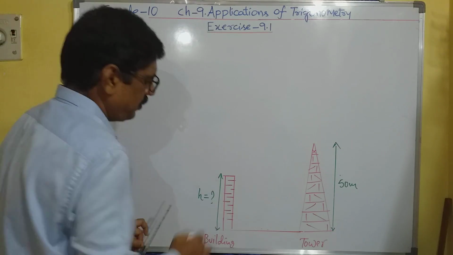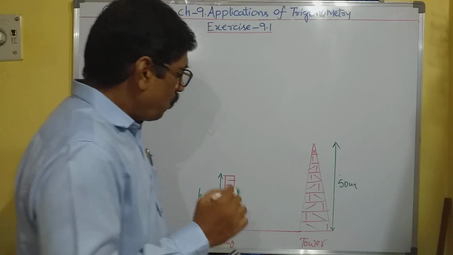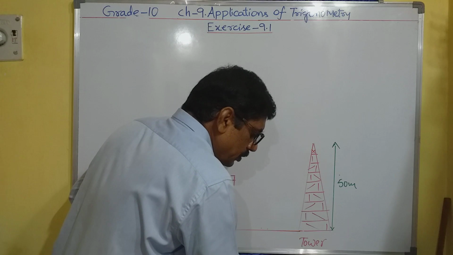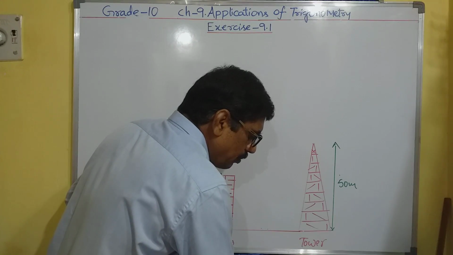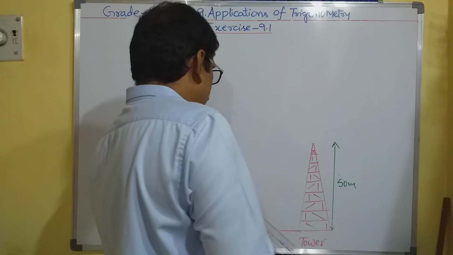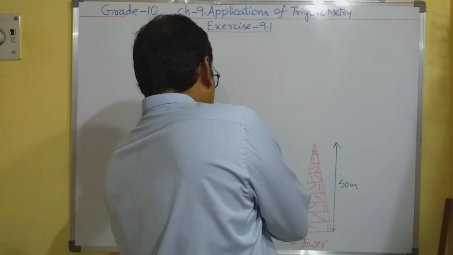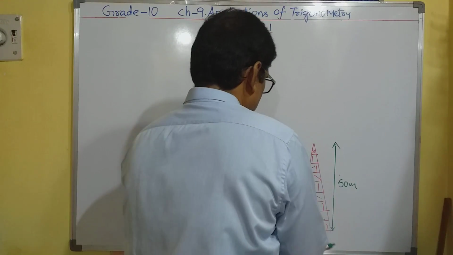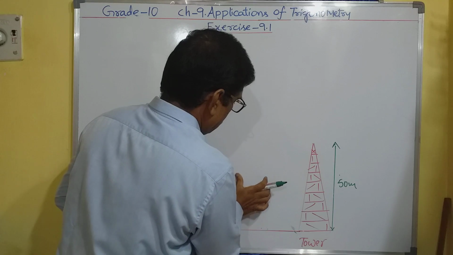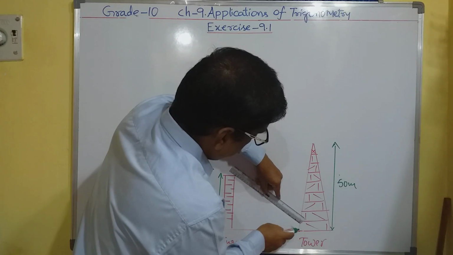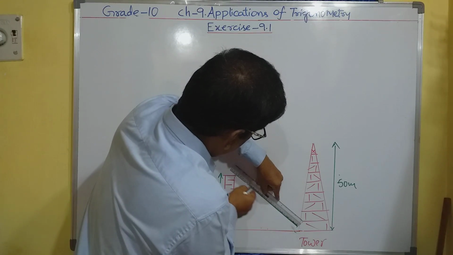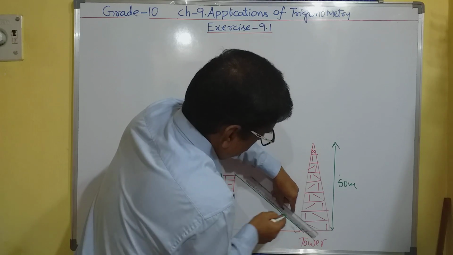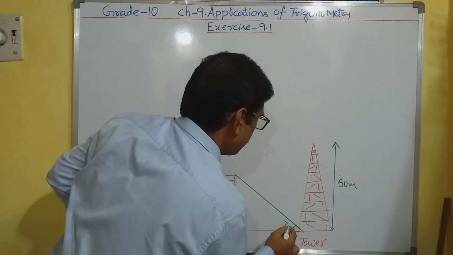h is unknown value. Okay, when you observe, see the angle of elevation at the top of the building from the foot of the tower. If you observe from the foot of the tower, the angle of elevation is 30 degrees.